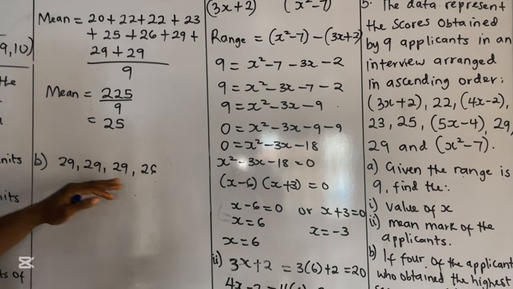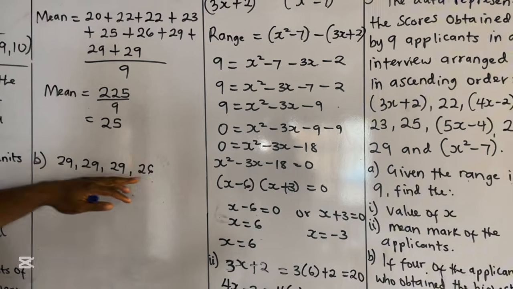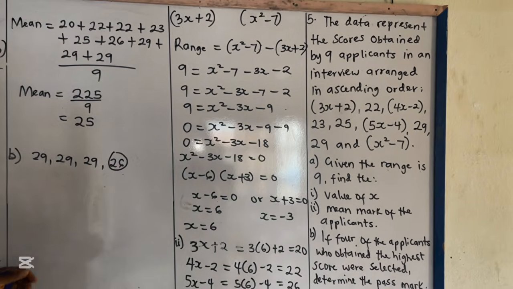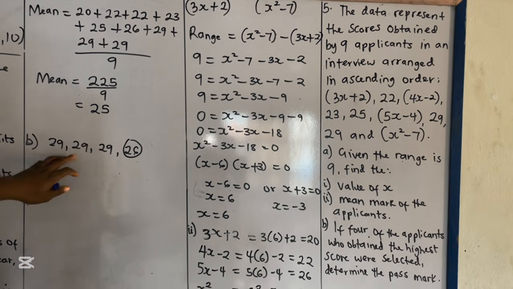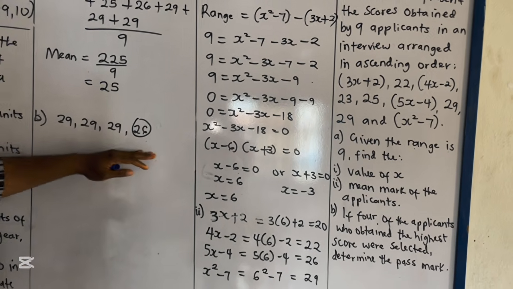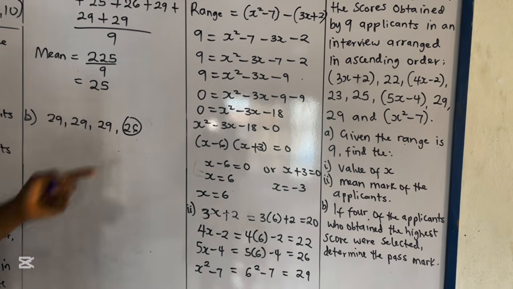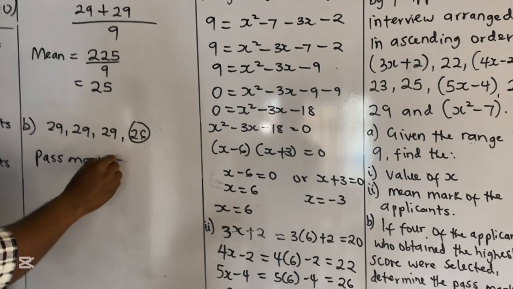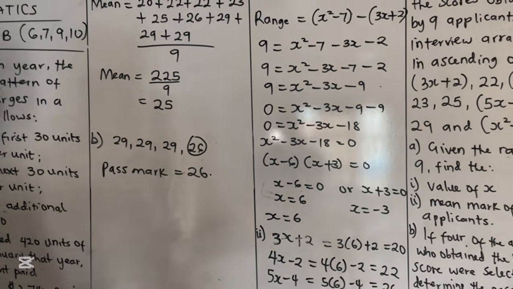If 4 of the applicants were selected, it therefore means that the pass mark is 26, because the least among them is 26. So the pass mark is equal to 26.